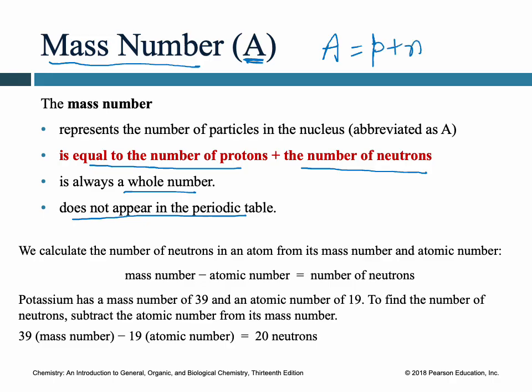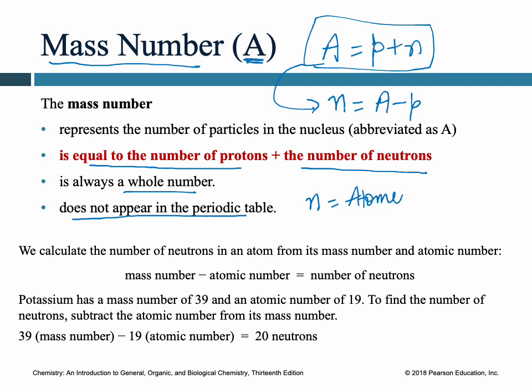So if I know how many protons I have, I can find how many neutrons there are by doing mass number minus protons. So if I rearrange this equation, that gives me this: the number of neutrons is mass number minus protons.